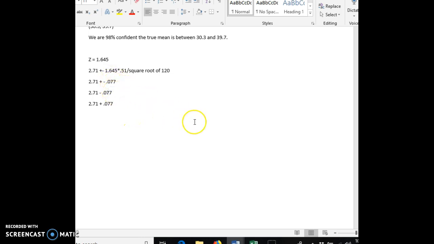So let's do our 2.71 minus our 0.077 first. That ends up giving me 2.633. And then let's do our 2.71 plus our 0.077, 2.787. So our actual confidence interval is from 2.633 to 2.787. But now let's make our confidence statement.